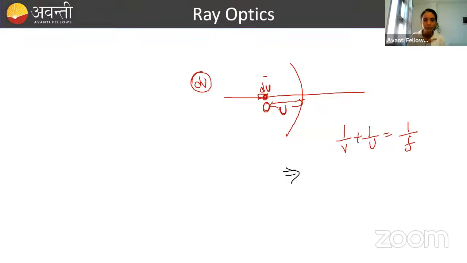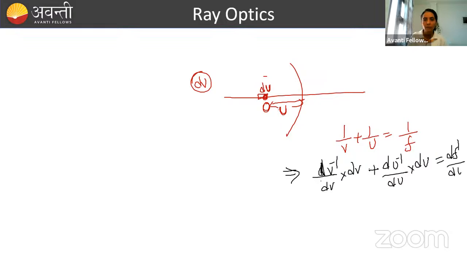So do differentiation. If I differentiate it, we get d(1/v) plus d(1/u) equal to d(1/f). Differentiation you already know, right? So this way we can do it.